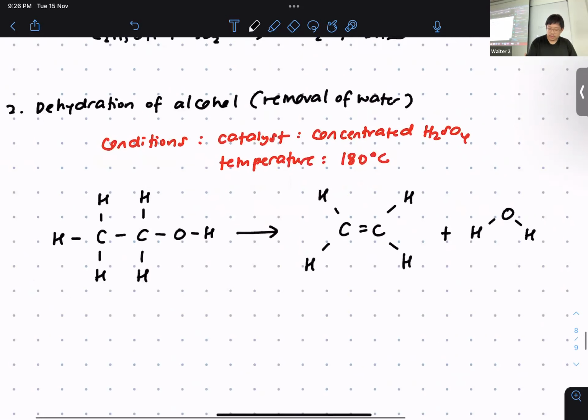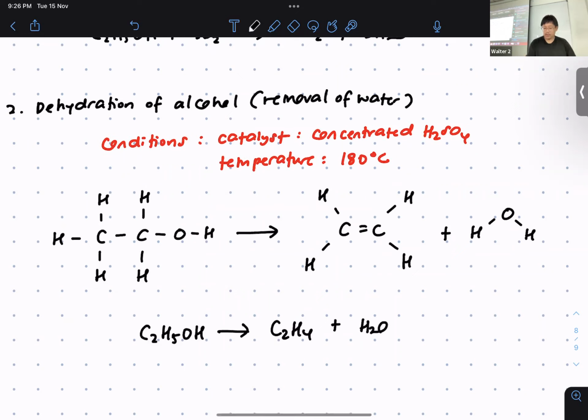So C2H5OH dehydrated to get ethene and also water.